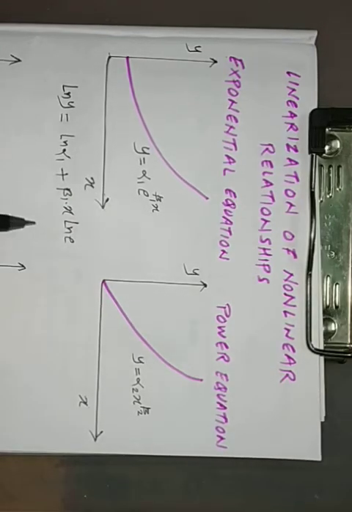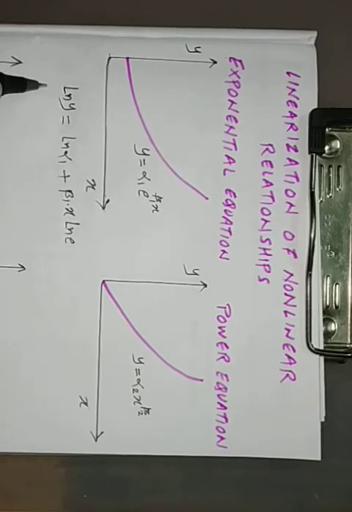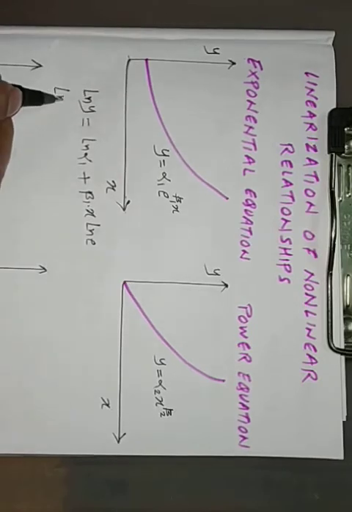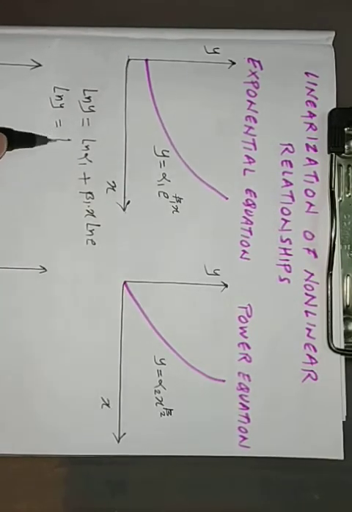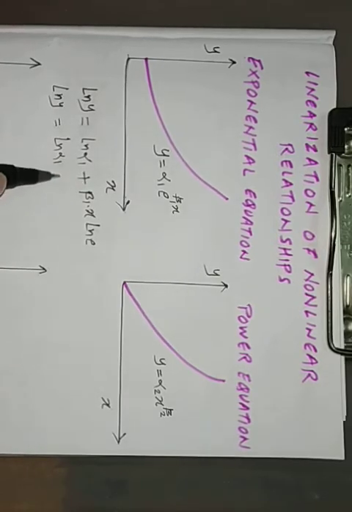So we all know that natural log of e is equal to 1. So the equation becomes ln of y, that is natural log of y, equals natural log of alpha 1 plus beta 1 into x.